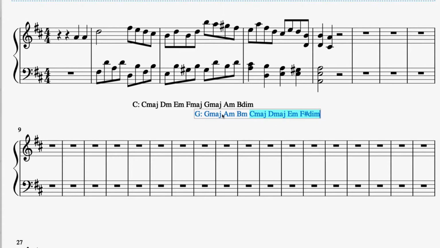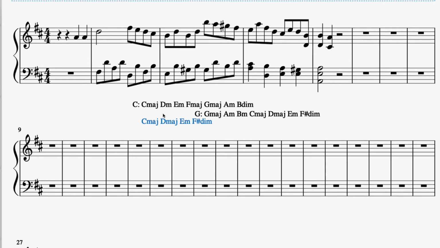But let's go over here. Okay, let's line up our C. C major is also a common chord.